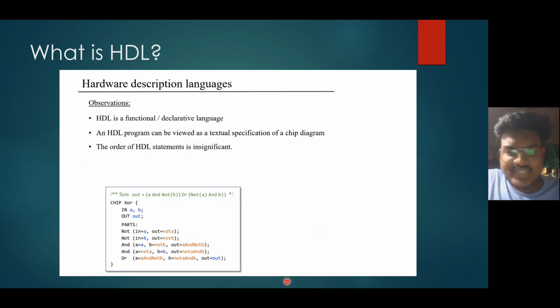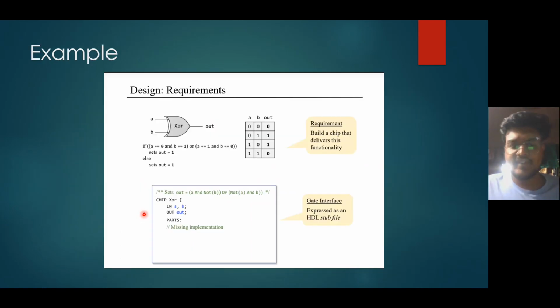So for example, in this particular program, we can see that we have created an HDL program for an XOR gate. Now, XOR gate is another kind of logical gate. It's actually not a fundamental gate, but a subtype of the OR gate. I have an example here of an XOR gate.